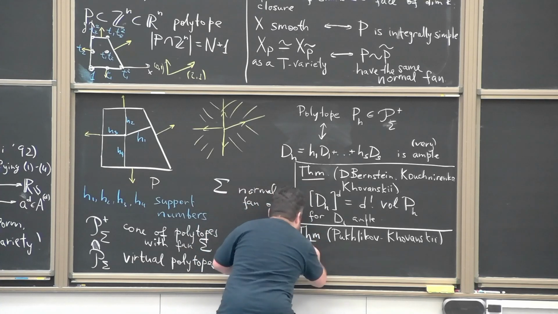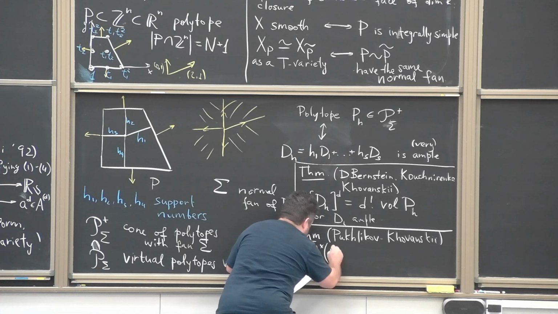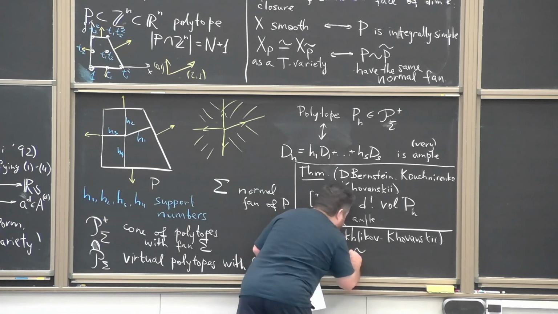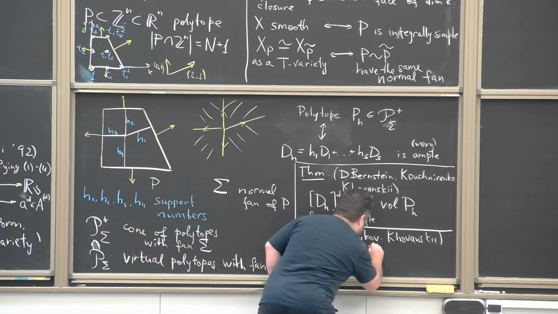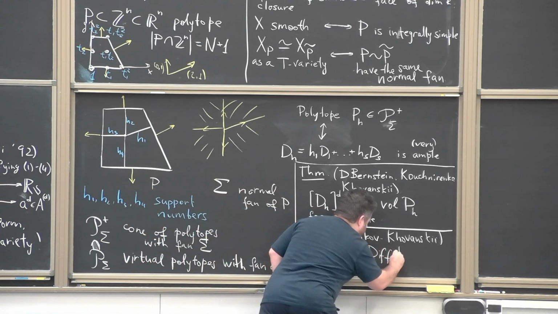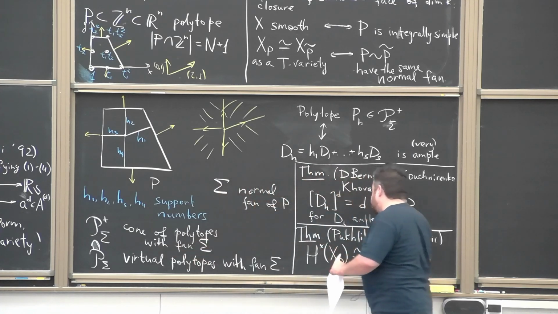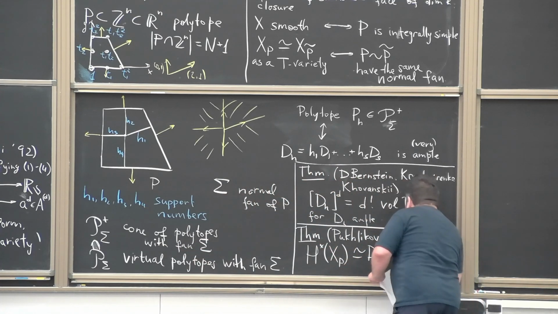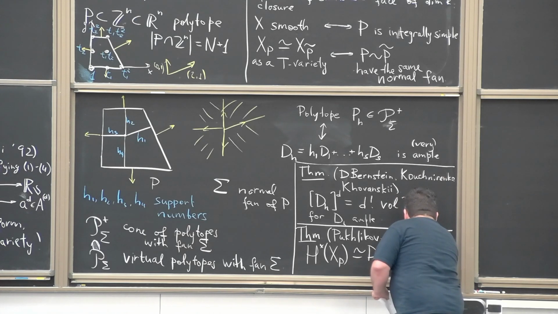This theorem tells you that the homology ring of a smooth toric variety is isomorphic to the ring of differential operators on the space of virtual polytopes modulo the annihilator of the volume polynomial.